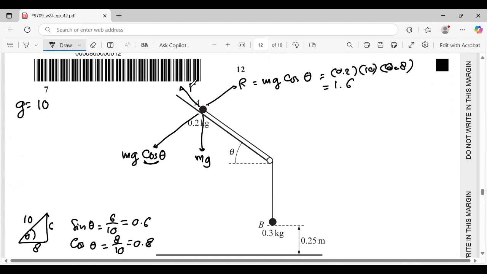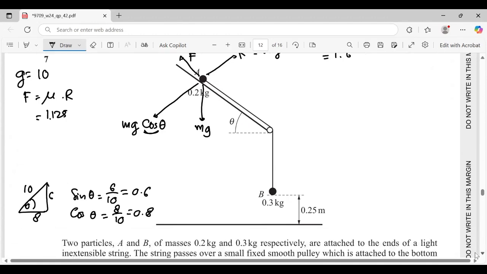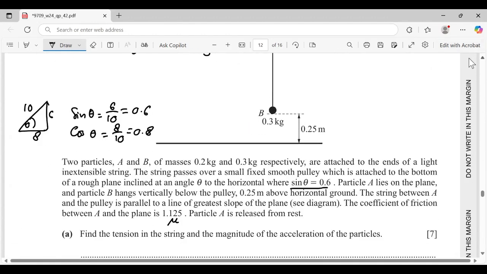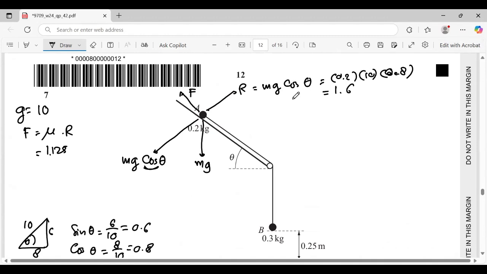This is F. F is mu times R, and mu is 1.125, from the information we have just now. So mu 1.125 times R, which is 1.6, so F equals 1.8 newtons. And then there is a force here too, this is the string.